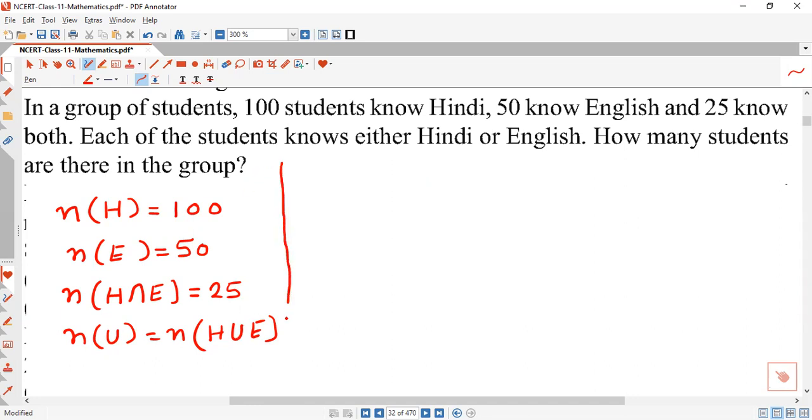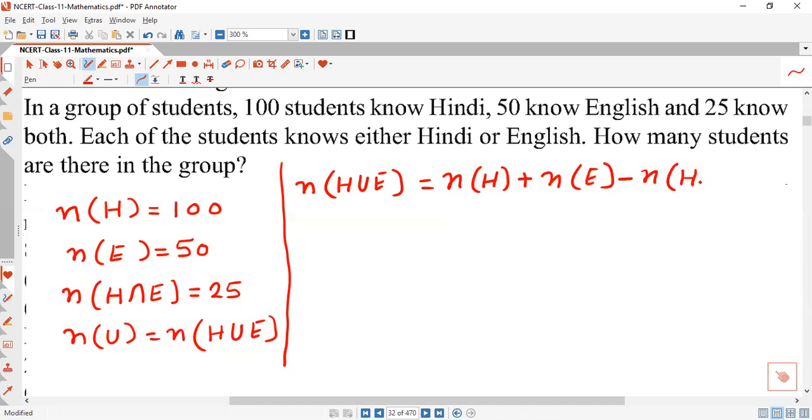We know the formula: n of H union E equals n of H plus n of E minus n of H intersection E. n of H is given as 100, n of E is given as 50, and the intersection is given, minus 25.